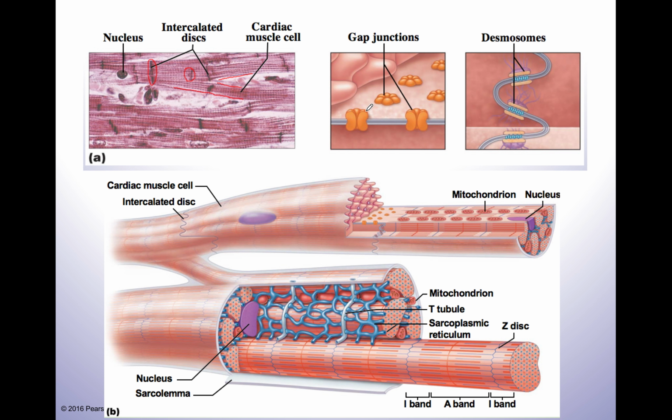You have a significant number of gap junctions. You can see them here and here. That allows electrical impulses to rapidly spread throughout the cell. And the last picture you see here is again desmosomes, which are actually a representation of your intercalated disc.